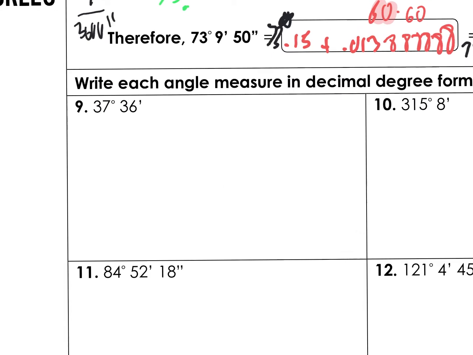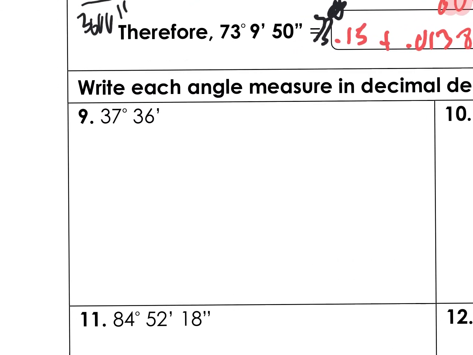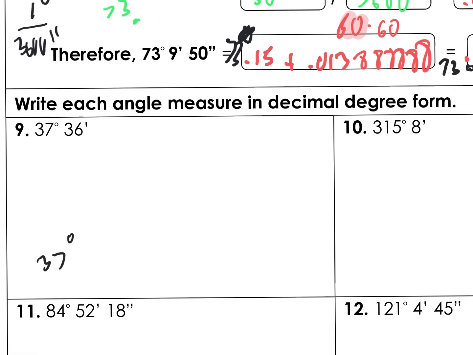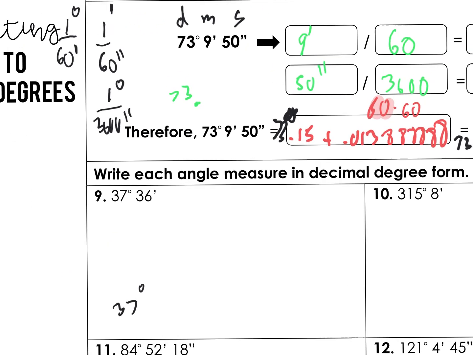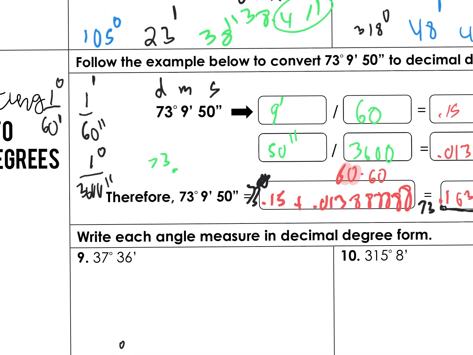All right, let's do a problem. Obviously, I start out with 37 degrees. So now I got to take, wait, what are we doing here? Right, using a decimal degree. Oh, I thought we already did those.